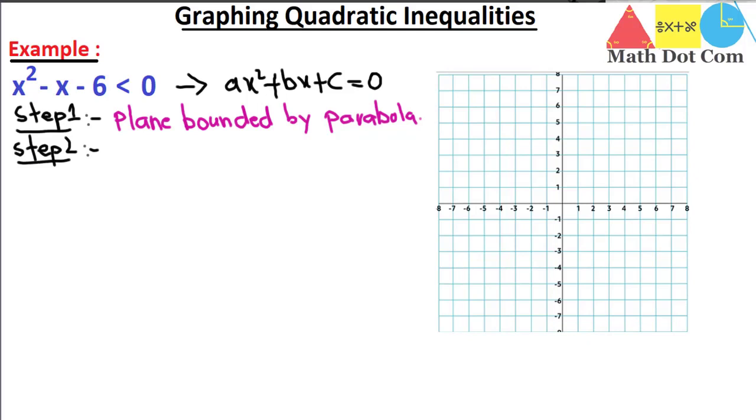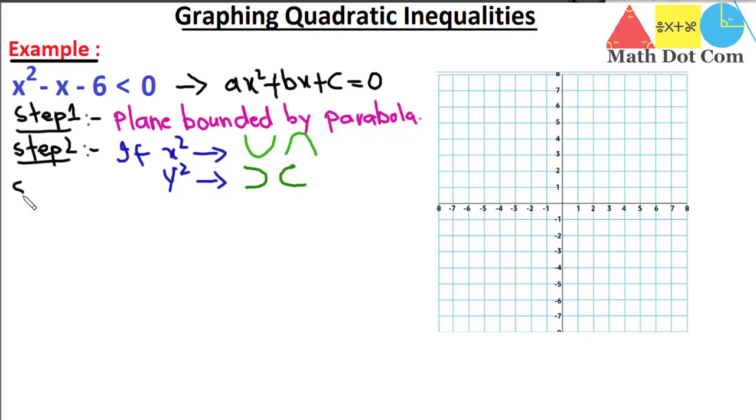So if x square, as in the given example, then the parabola will be either in this shape or in this shape, that is either upward or downward. But in case we have y square in the given equation, it will look either left or right. This is how you will visualize whether it will be upward, downward, left or right.